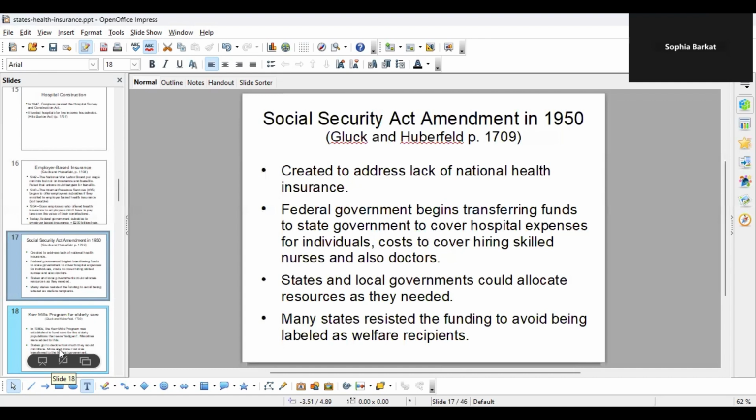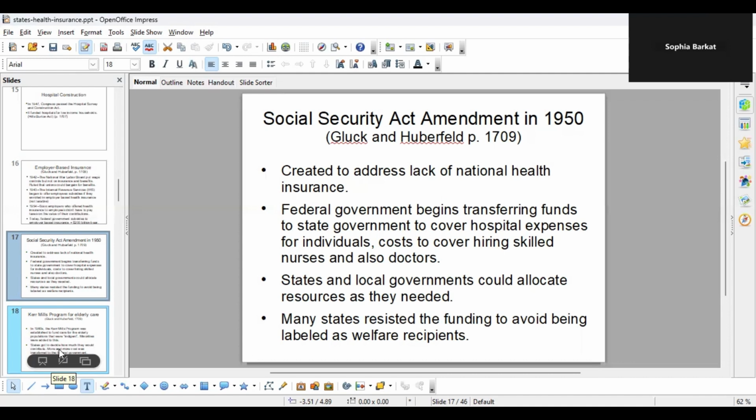The federal government begins transferring funds to state governments to cover hospital expenses for individuals, costs to cover hiring skilled nurses and also doctors, all of these types of expenses. States and local governments could allocate resources as they needed.